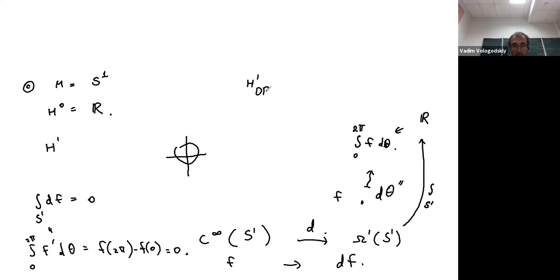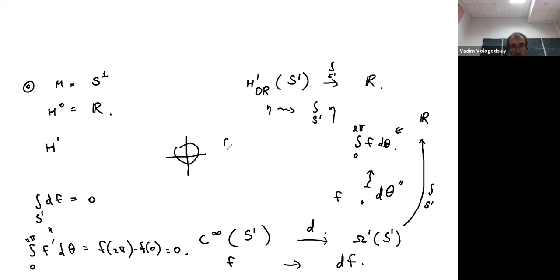So we get a map from the de Rham homology of S1 to real numbers that takes eta to the integral over S1 of eta. This is well defined, again, because the map is 0 on the image of the differential. And it's clearly surjective.